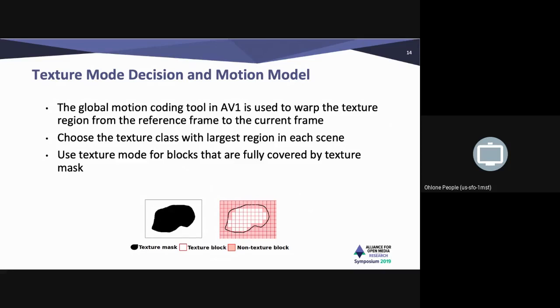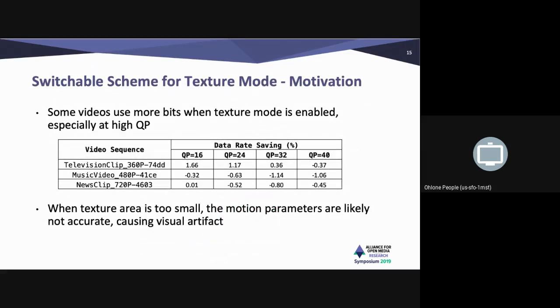Okay. Now, as you can imagine, there may be some issues if we just enable this texture mode for every frame that we want to code. What we observe is that, depending on the type of sequence, the type of texture, and also the quality we're coding at, sometimes we will not actually get any data rate savings by enabling it throughout the entire sequence.